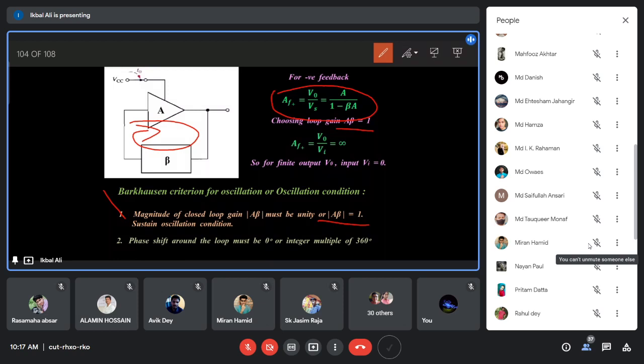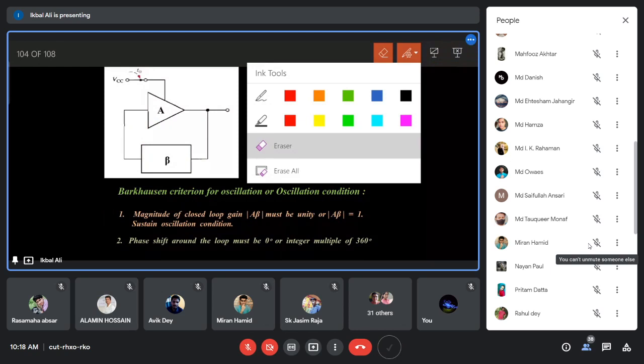These are the oscillator conditions of the Barkhausen criterion to get oscillation, or the signal, from a particular positive feedback amplifier circuit. So this we have discussed. I hope that you have understood the last day's class.